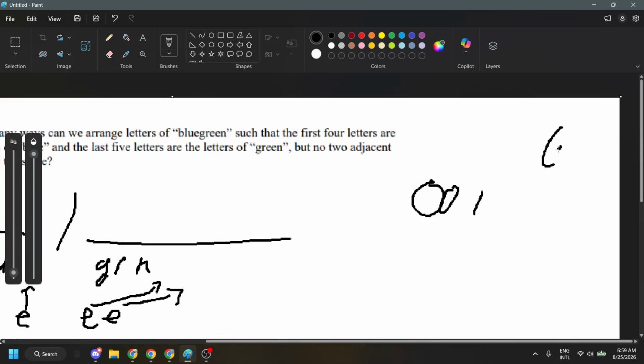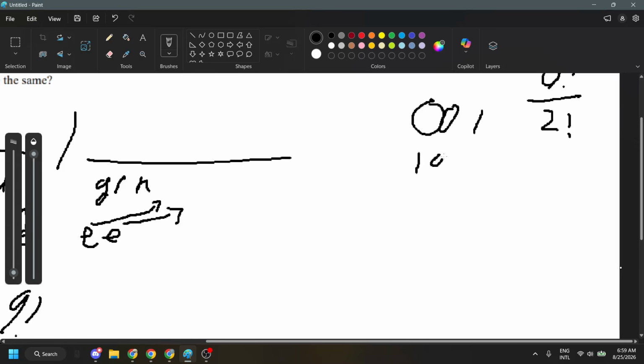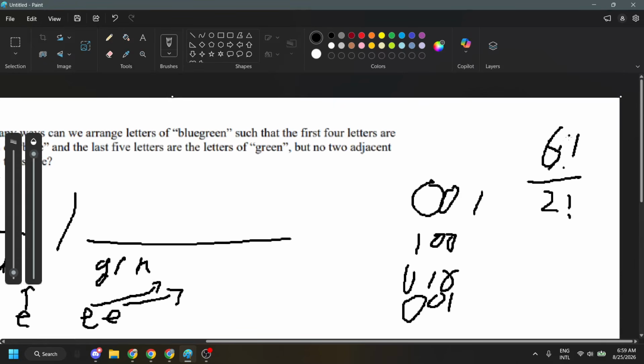Here there are 3 factorial ways, but since there are 2 repeating, I think we have to divide by 2 factorial.